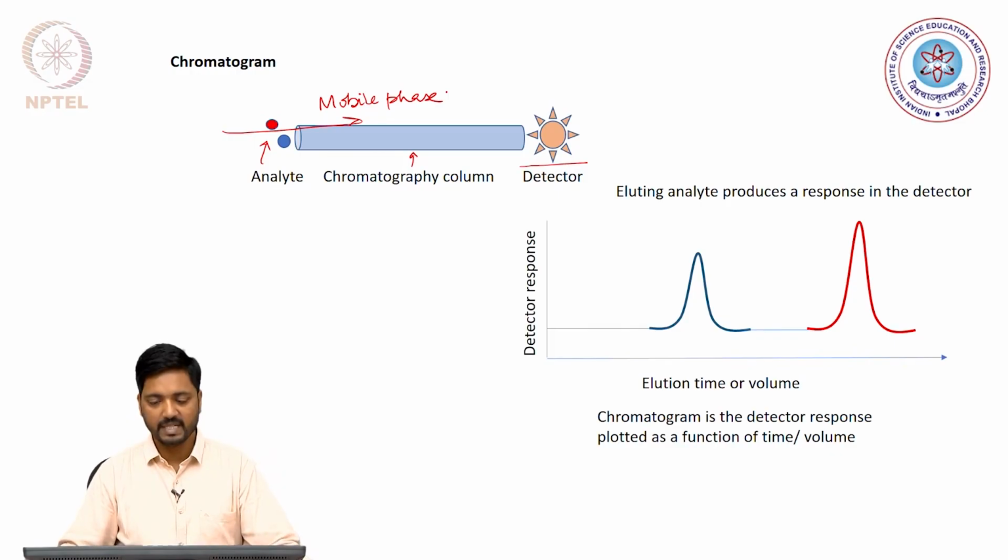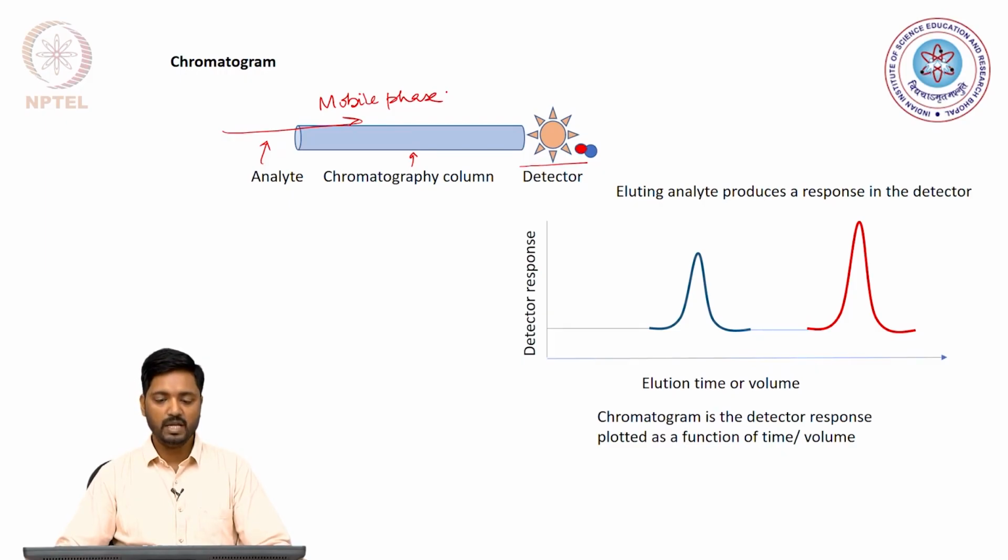However, different analytes spend different time within the column and that generates a chromatographic profile. For example, here we see that the blue analyte came out first and quite ahead of the red analyte. The red analyte, on the contrary, spent much longer time within the column and hence eluted out later.